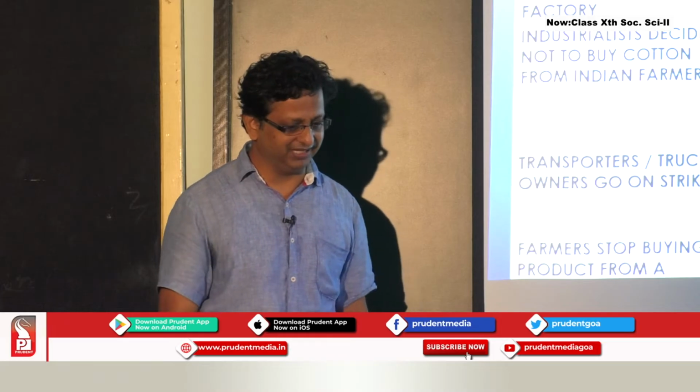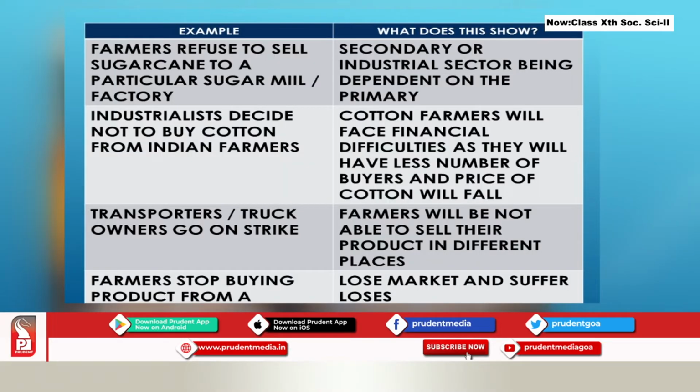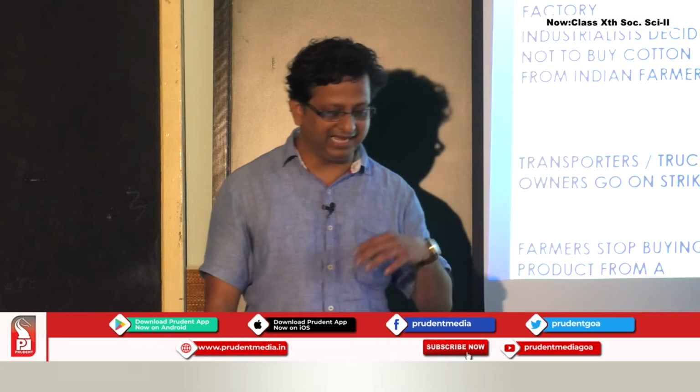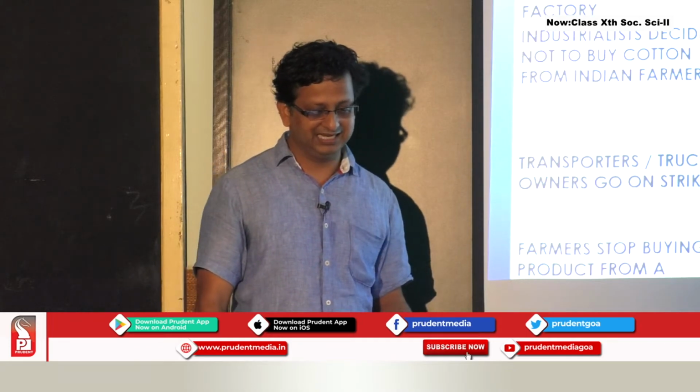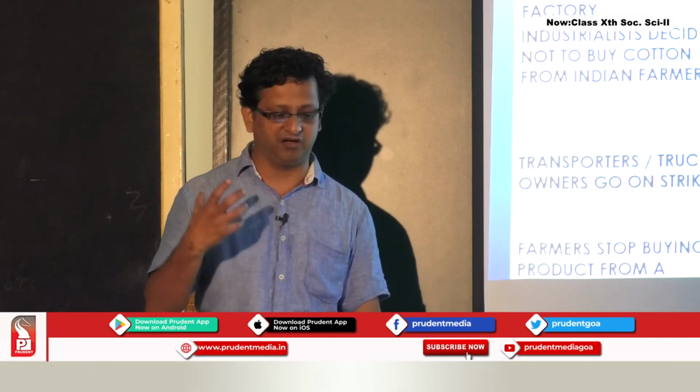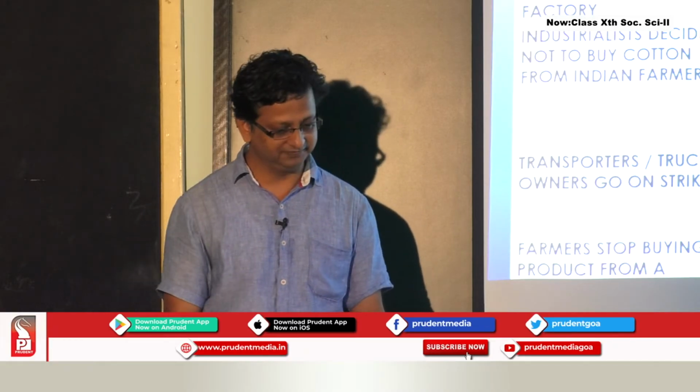We'll take another example. Let us say industrialists decide not to buy cotton from Indian farmers. What will be the position of the farmers? They will have great financial difficulties, and they will have very few buyers, and the price of cotton will fall.